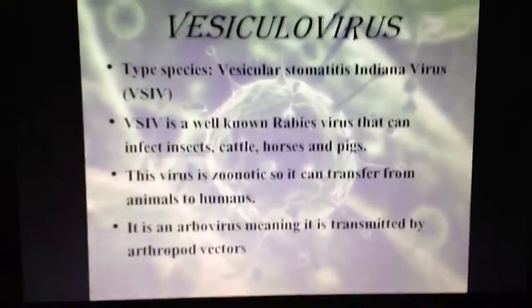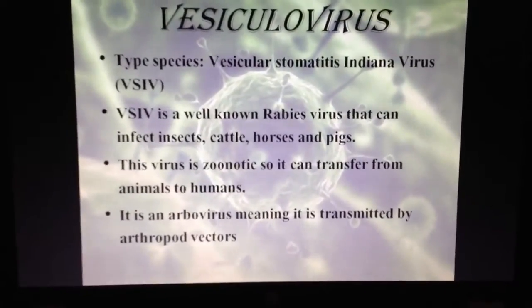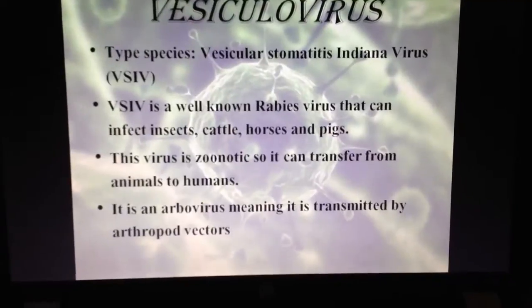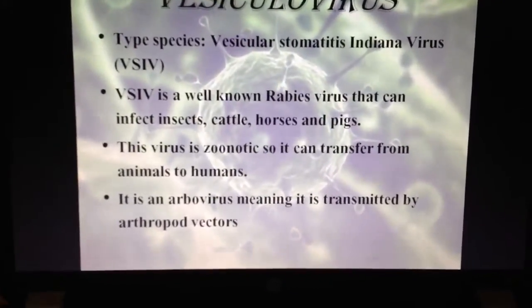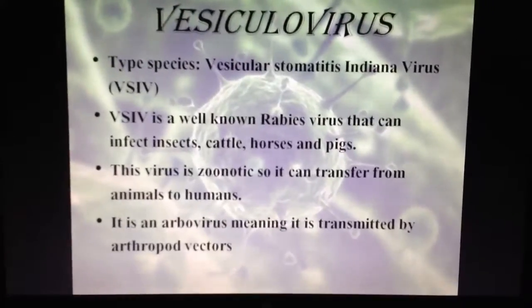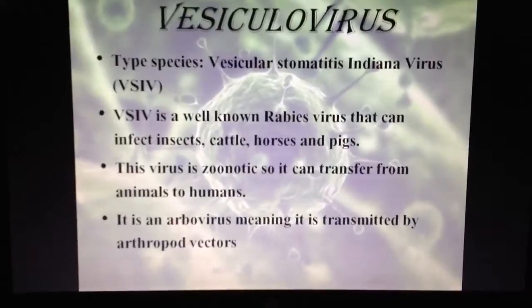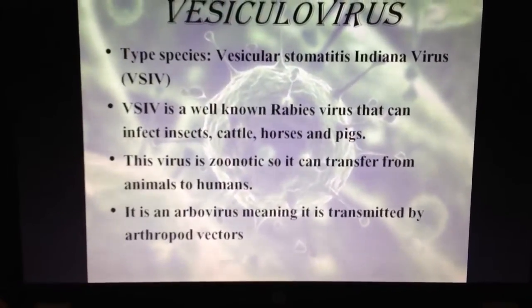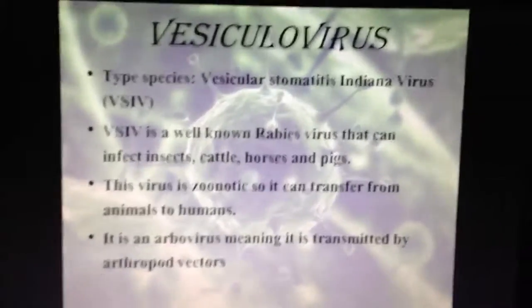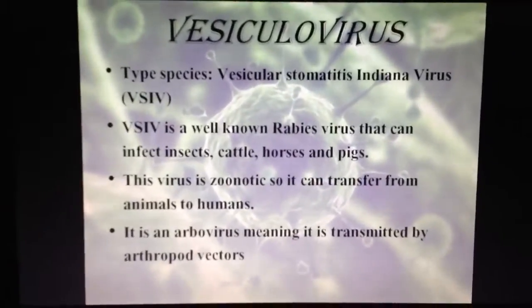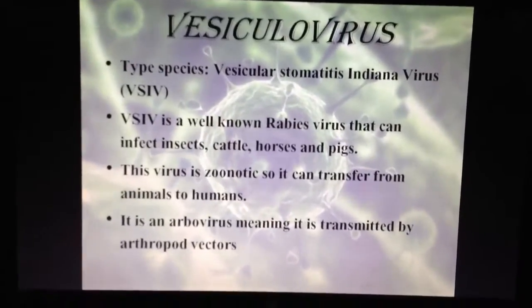Okay, the type of species for vesiculovirus that we'll be focusing on is the vesicular stomatitis Indiana virus, or VSIV. VSIV is a well-known rabies-like virus that can infect insects, cattle, horses, and pigs. The virus is zoonotic, so it can transfer from animals to humans.